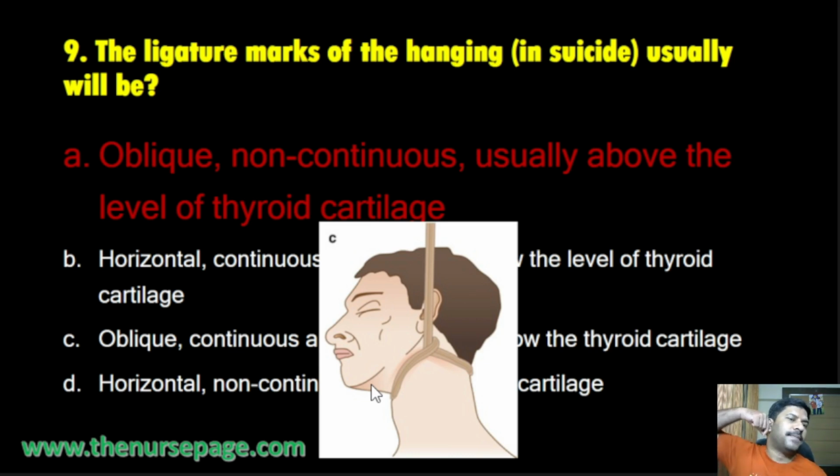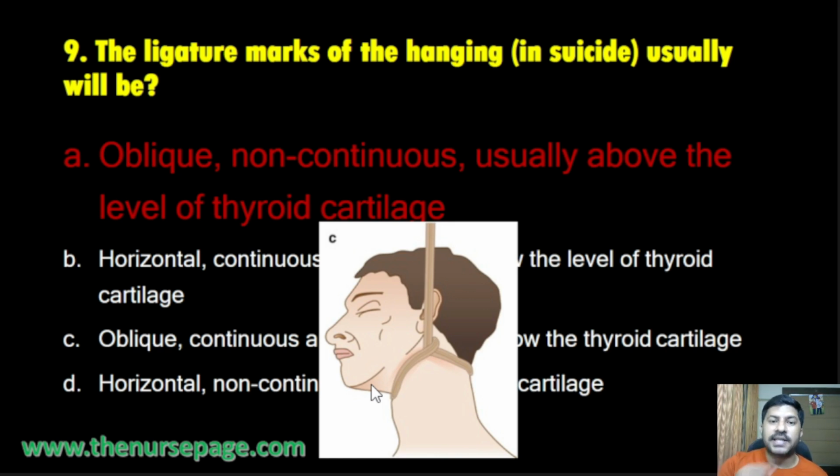At the level of the knot, it will be discontinued. Non-continuous means it is discontinued at the level of the knot, and it will usually be above the thyroid cartilage in the case of suicide.